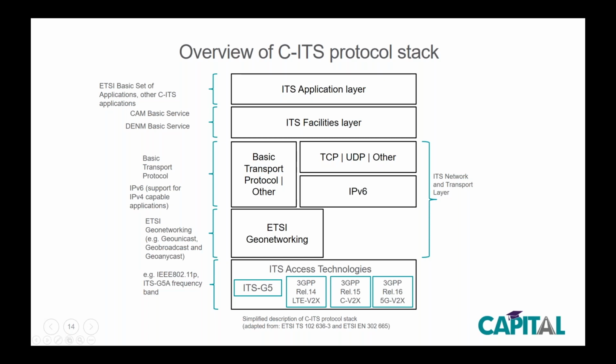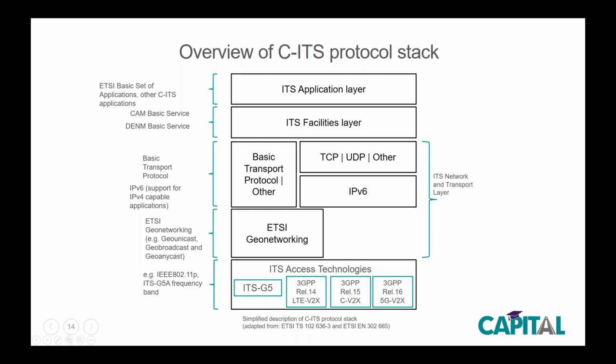At the moment, 2 access layer technologies have been specified for C-ITS: ITS-G5, including IEEE 802.11p, and LTE-V2X, long-term evolution vehicle to everything, which is an extension of LTE networks. The future releases of 3GPP specifications, third generation partnership project, will include also cellular vehicle to X and 5G vehicle to X.